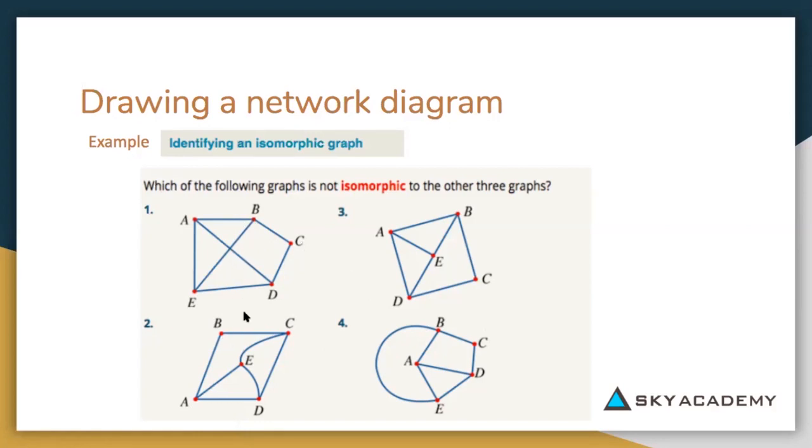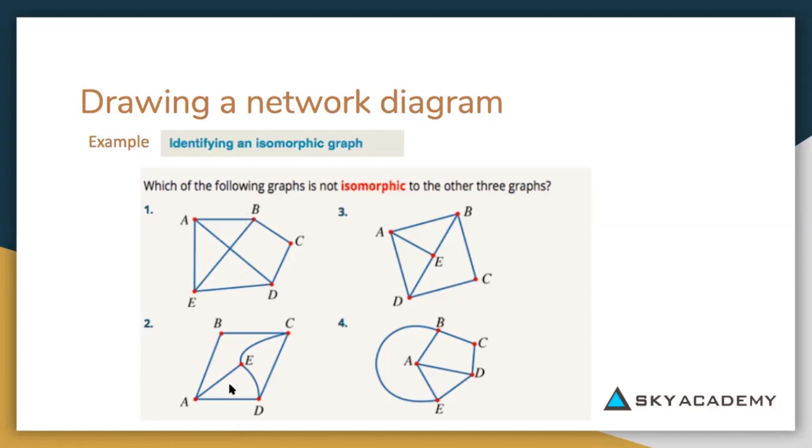So now we'll look at node B for the other 2, and node B for the other 2 has 3 degrees. 3 lines coming out of node B, so 3 degrees. Which means graphs 4 and 3 are equal to graph 1 because B has 3 degrees in graph 1. But in graph 2, B only has 2 degrees. So graph 2 is not isomorphic to 1, 3, and 4.